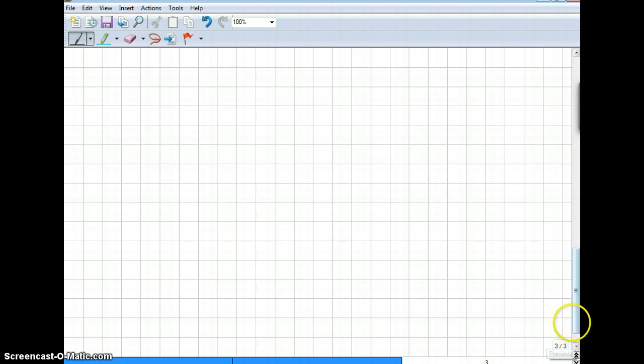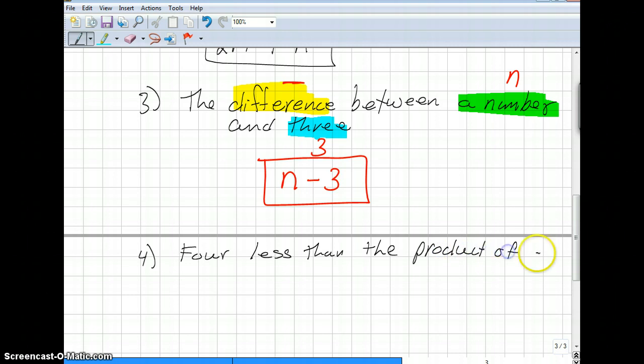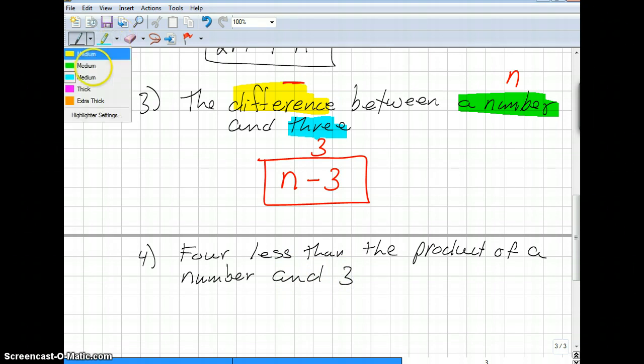Example 4. Four less than the product of a number and 3. Okay, so we have those keywords less than.